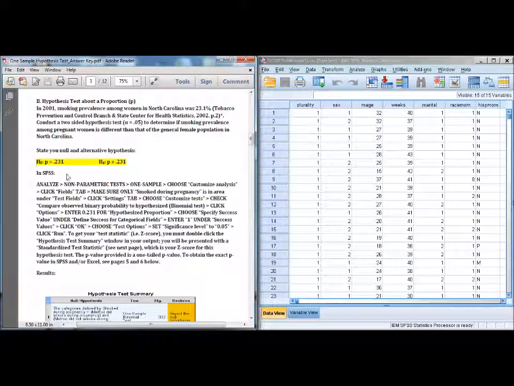For example, if we hypothesized that the true population parameter was less than 0.231, we would assume a z-score of less than 0.